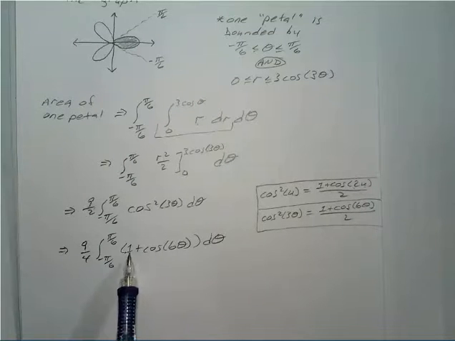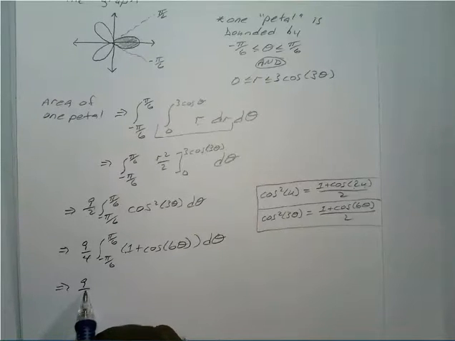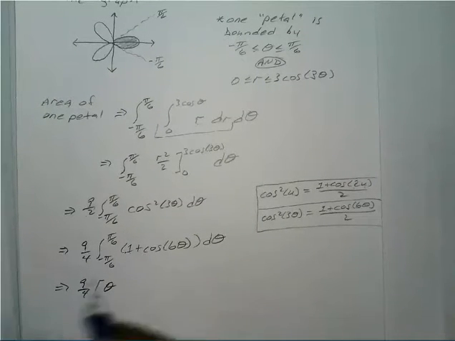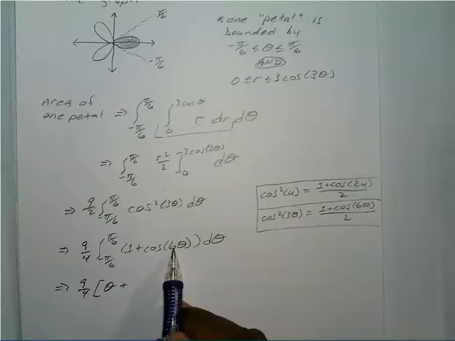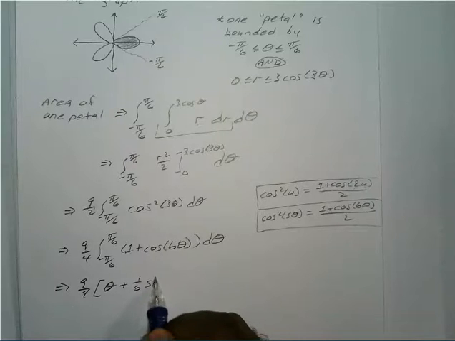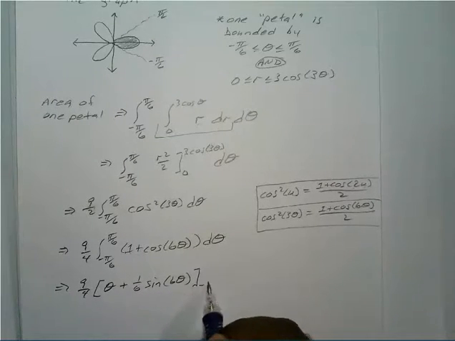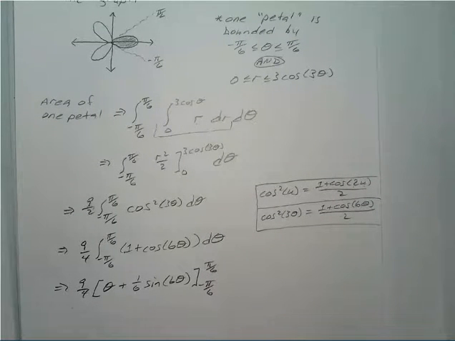Okay, so if we integrate both of those terms, we end up with 9 over 4 times theta plus 1 over 6 times sine of 6 theta, from negative pi over 6 to pi over 6.